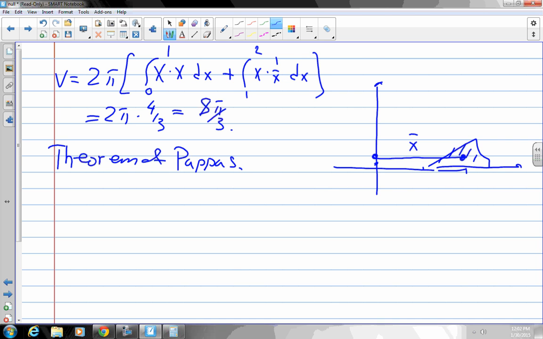And this is one of those old BC type theorems that tells you that the volume created by revolving around the axis will equal 2 pi times the radius, which, if you rotate around the y-axis, will be given by the x-coordinate of the centroid times the area.